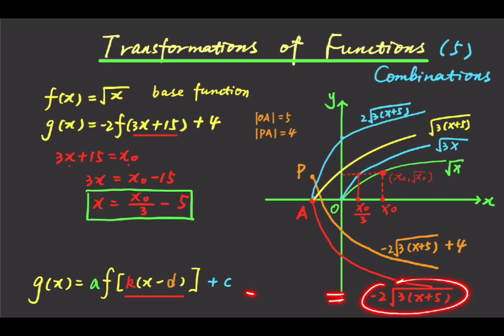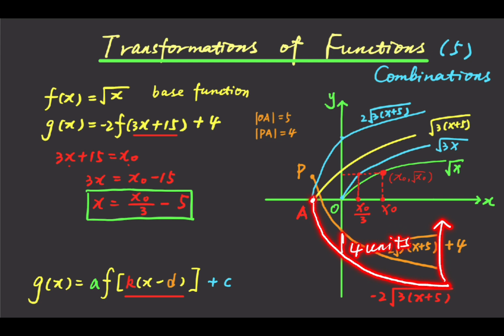It is just like negative 2 times f(3x plus 15). On the basis of this function, the plus 4 means we just need to move the graph of this function upwards by 4 units.